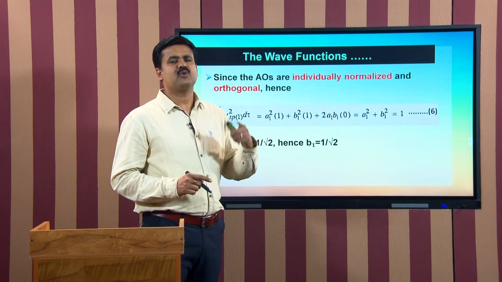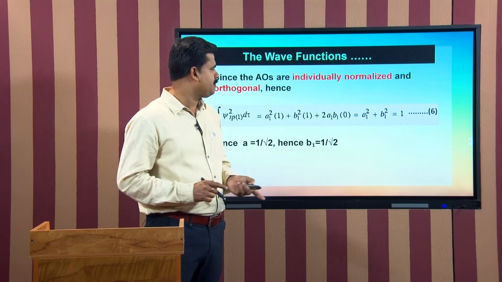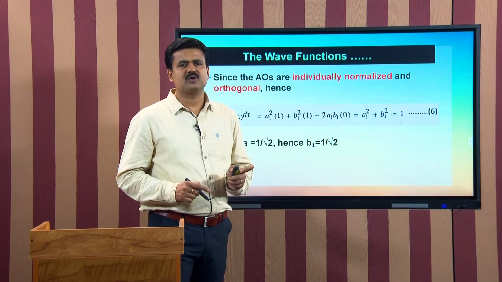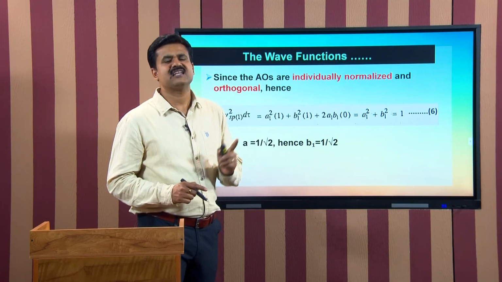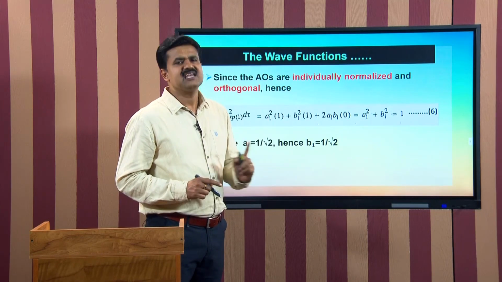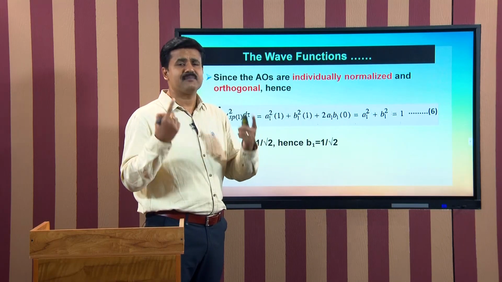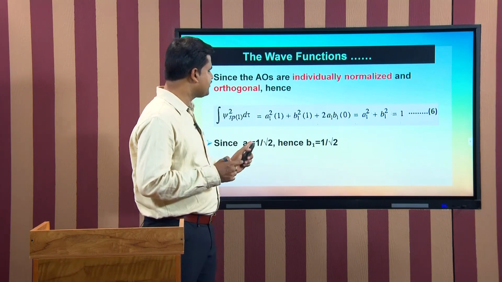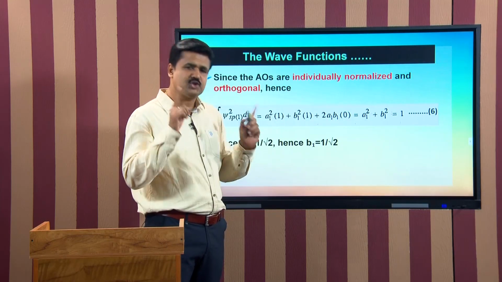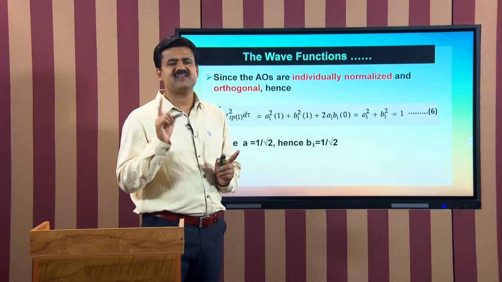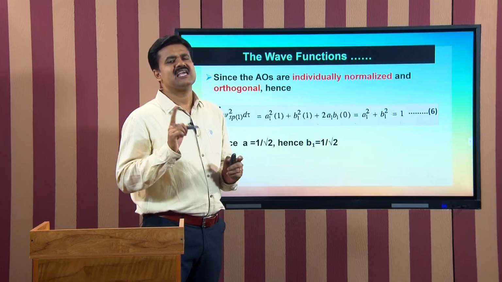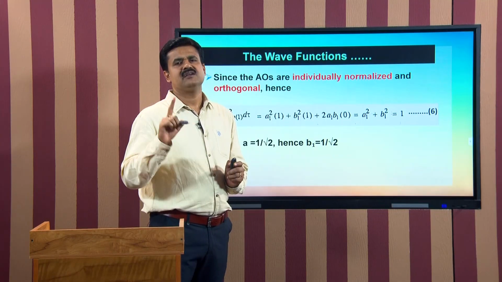Why a is 1 by root 2? This is because the coefficient of s orbital in n hybrid orbitals will be 1 by root n. Here we are having two hybrid orbitals and the coefficient of a will be 1 by root 2. A represents the coefficient of s orbital.